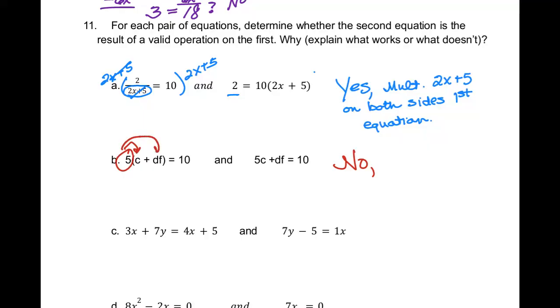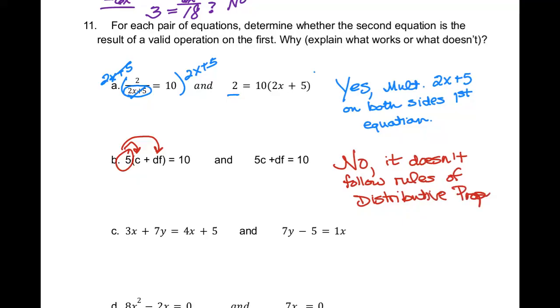So no, it doesn't follow the rules of distribution, the distributive property.